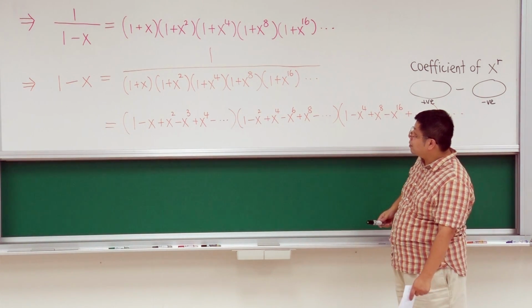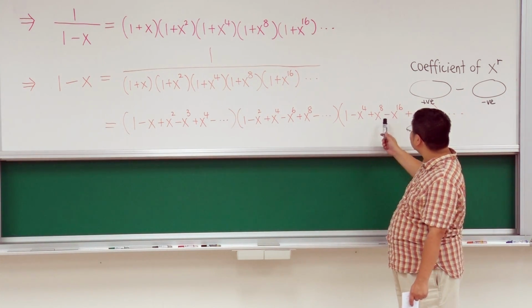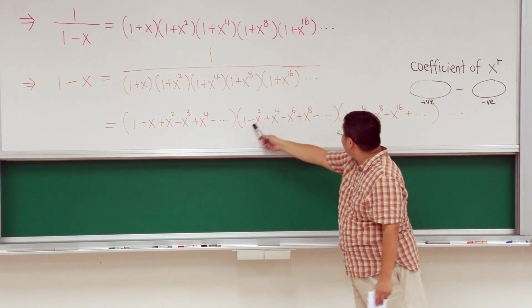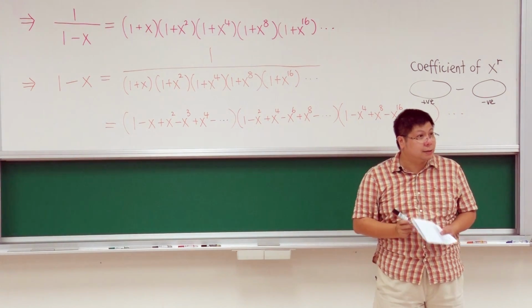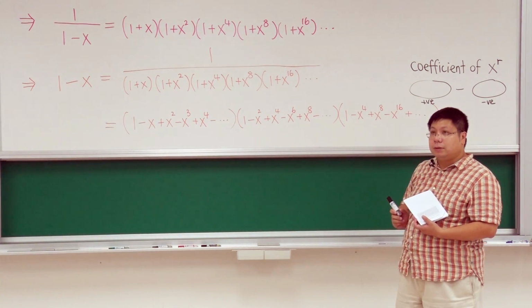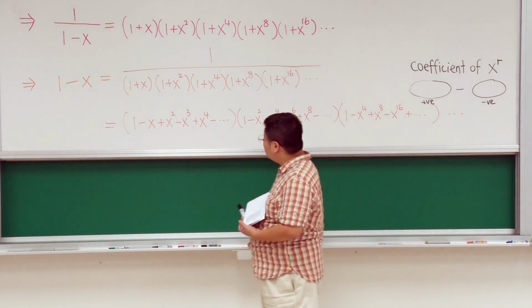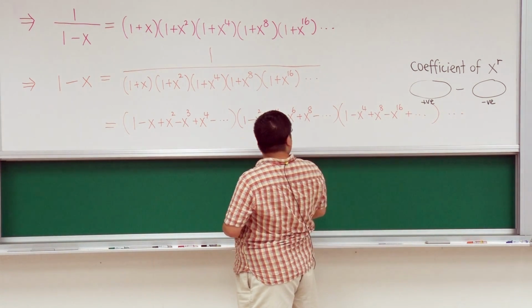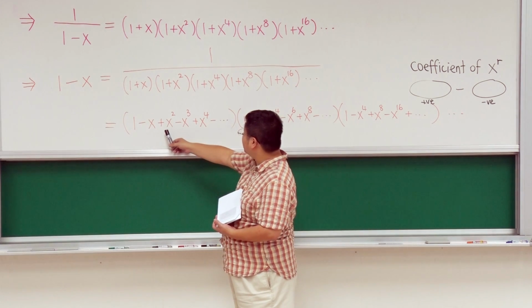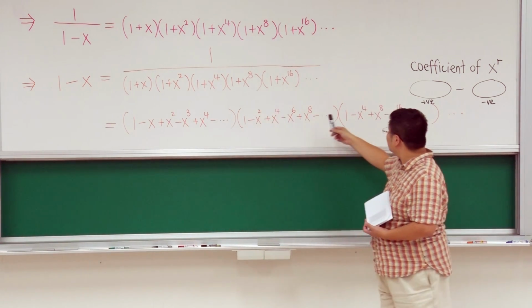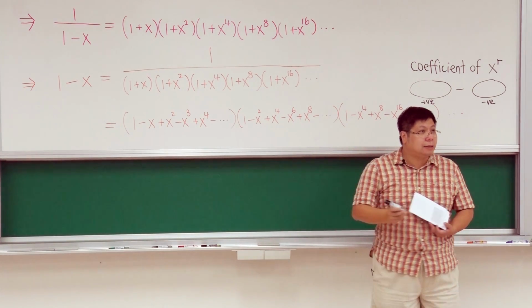And then 1, 1, 4, I get minus. And then for this 4, 1, 1, I will get a plus. Is that okay? And then what else? What else can I get x to the power 4? I will have this one, x squared, 1. Then I will also get x to the power 4, right?